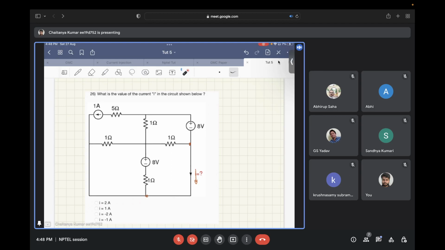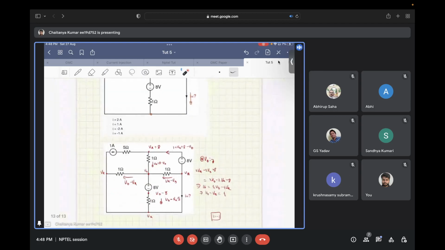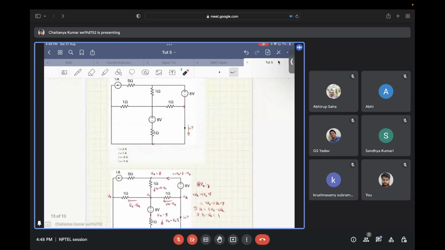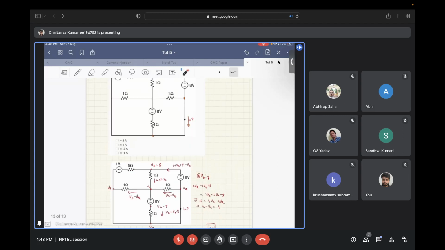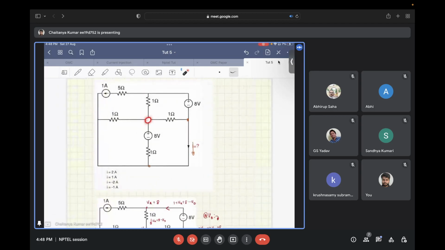Okay, so let's see how to proceed with the question. What you should do in this question is, you can see that this complete thing is a short circuit, so it will have the same voltage, and the other unknown voltage will be at this node.